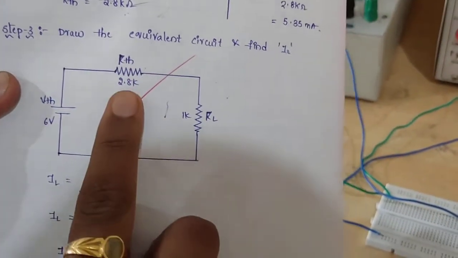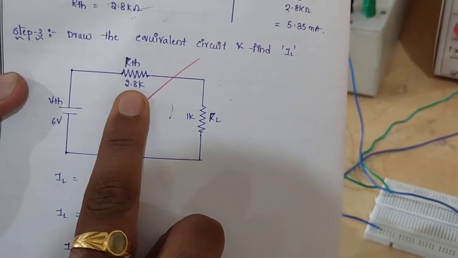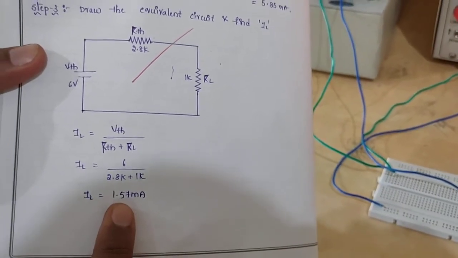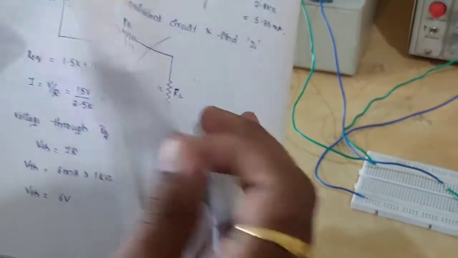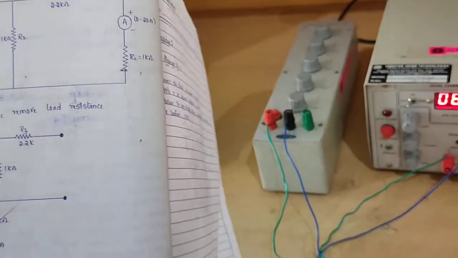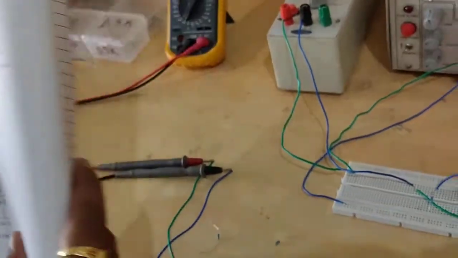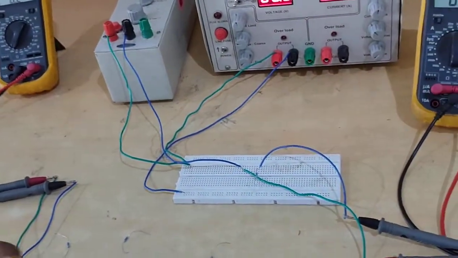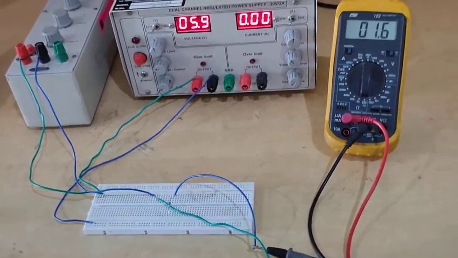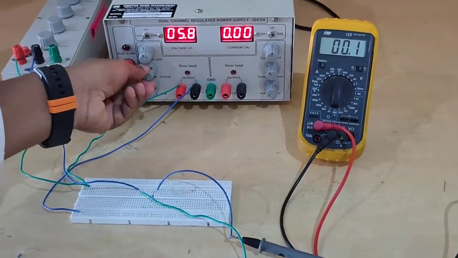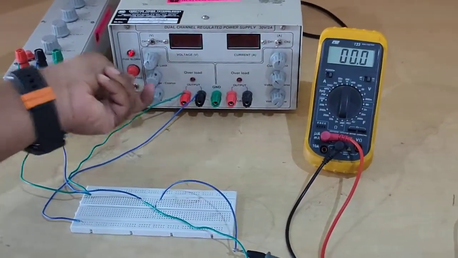See, for 6 volts VTH, by placing RTH 2.8K and RL 1K, we get IL equal to 1.6. So for this circuit also we got 1.6 only. So hence we can say it is verified. In the same way we'll see with Norton's equivalent also. So let me reduce this voltage to 0 value and switch off.